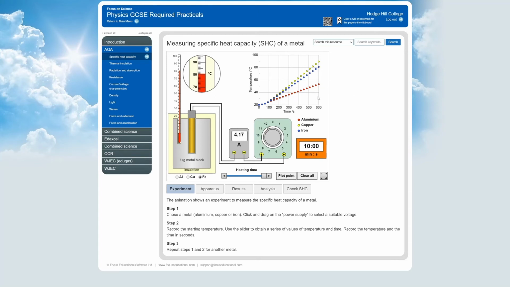So the easiest block to heat was the copper block. The hardest block to heat was the aluminium block, because in the same amount of time, for the same amount of energy being given, the aluminium block has got less temperature rise than the copper block.